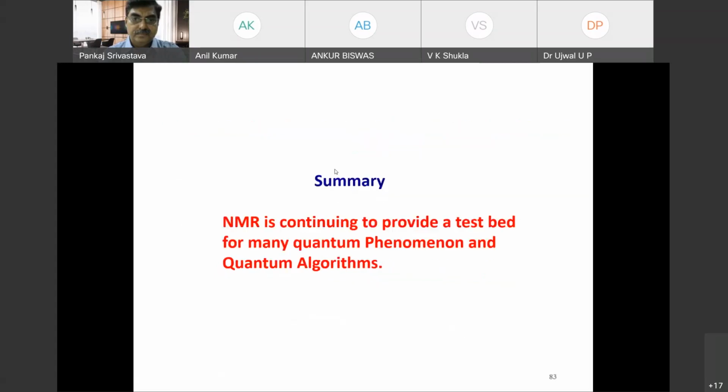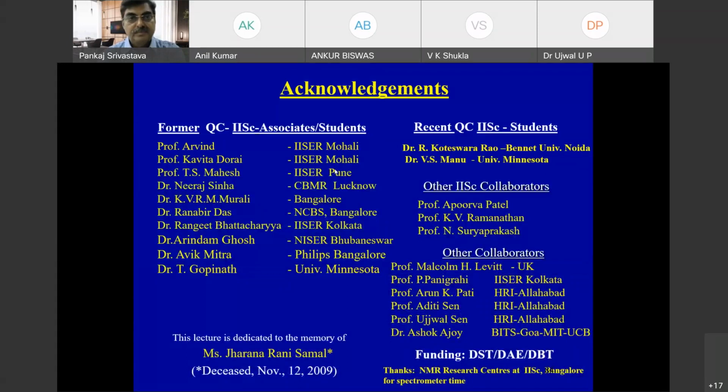Summary: NMR is continuing to provide a test bed for many quantum phenomena and quantum algorithms. Professor Arvind has lots of students working with it. Arvind was not my student.